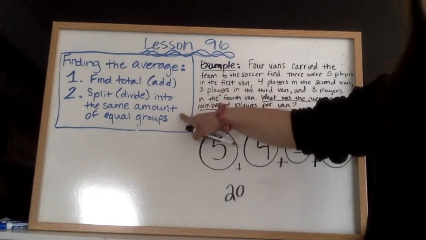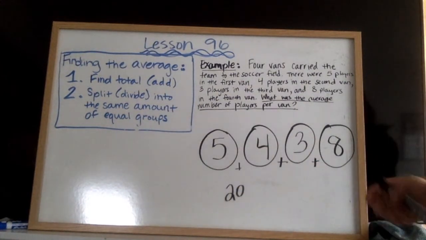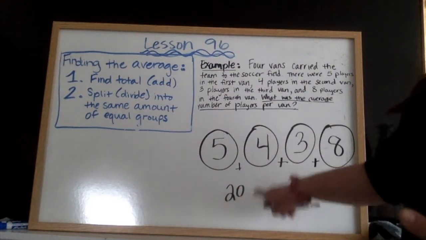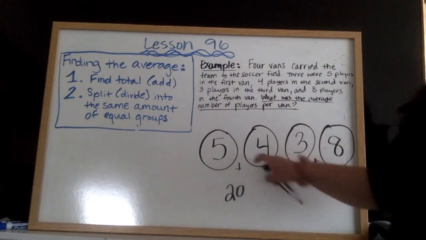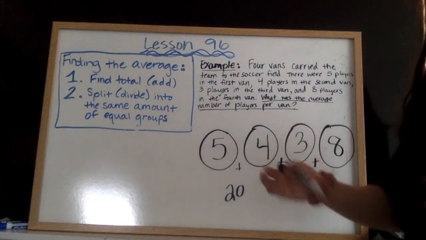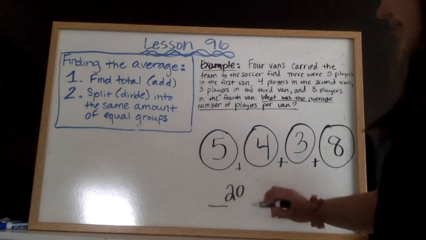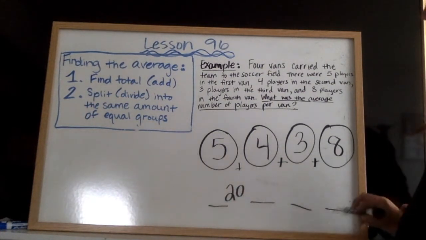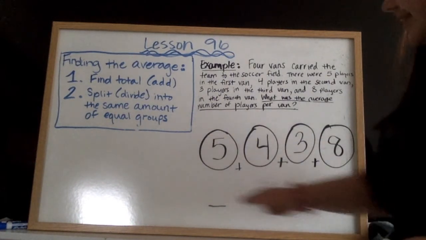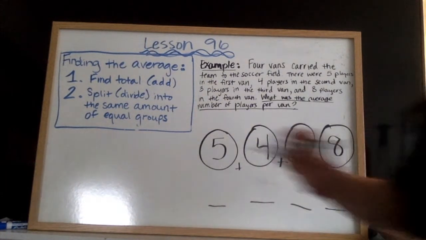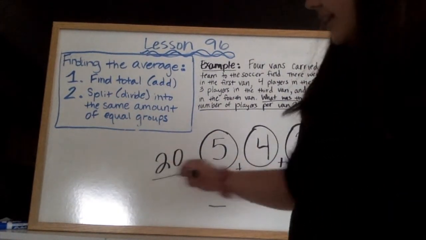Now step 2 of finding the average is we're going to split or divide this 20, our total, into the same amount of equal groups now. So we had 4 groups, but they weren't equal. We need to make them equal. That's what averaging is. So if I make 1, 2, 3, 4 groups now, and I take this 20, and I split them into these 4 equal groups evenly, that's just dividing it into 4 groups.